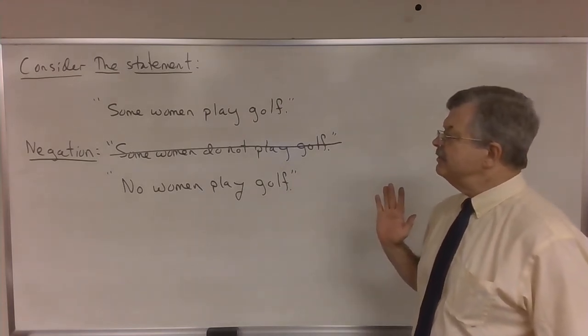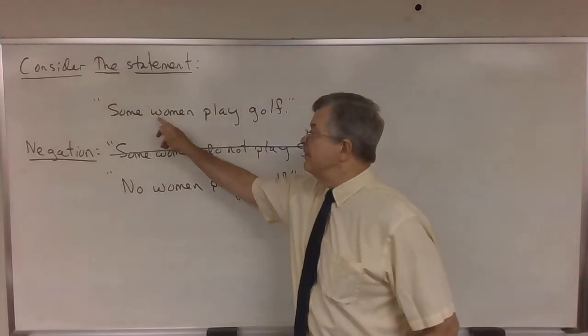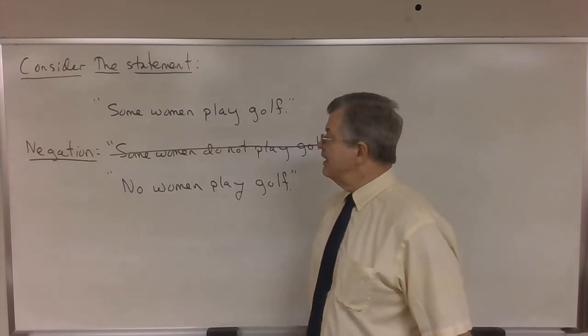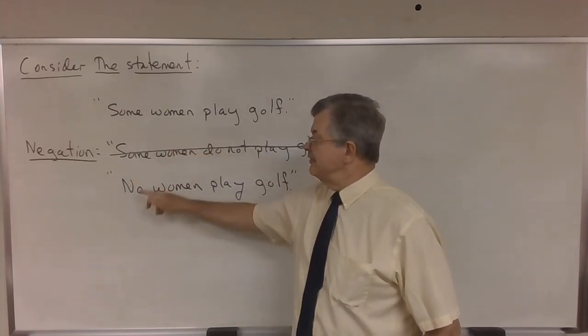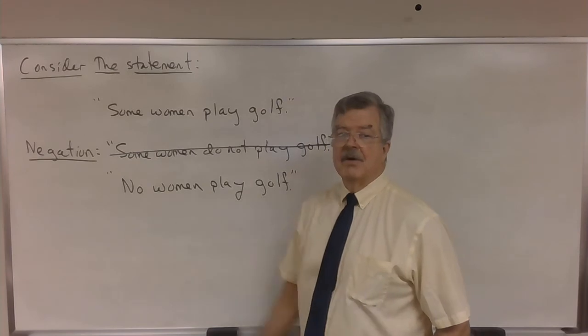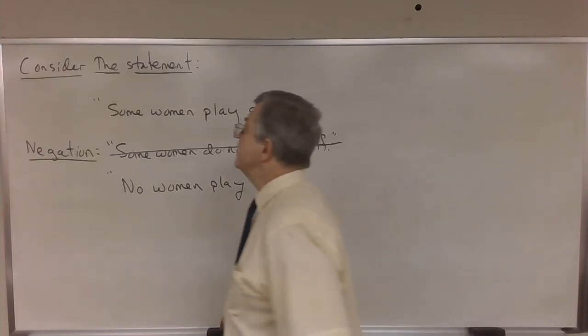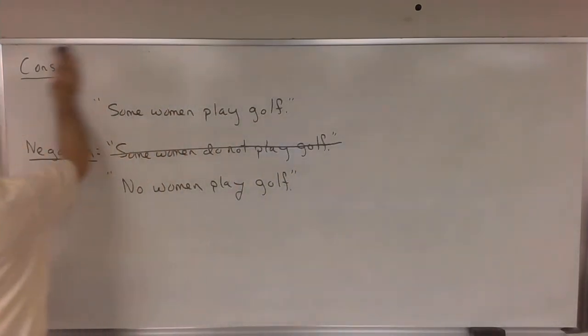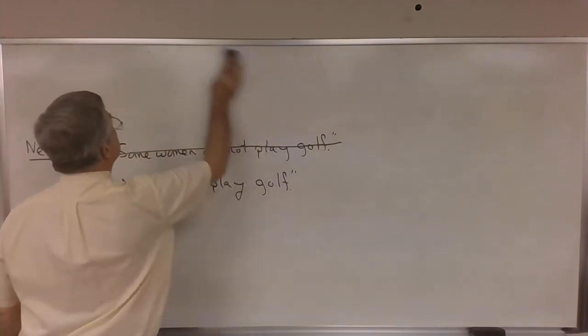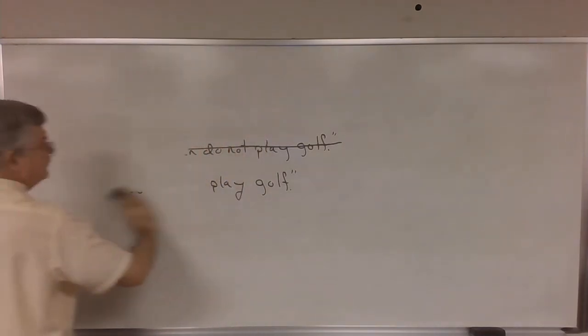Okay, so now let's look at the negation of some do. And apparently the negation of some do is none do, or not a single one does. But let's look at it closely.